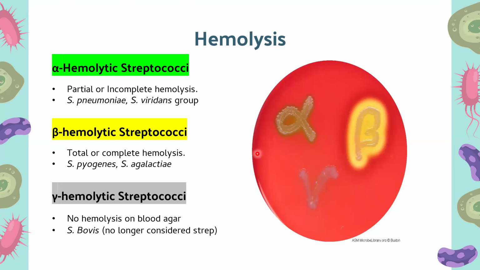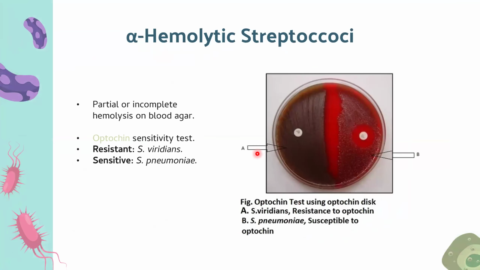The way I do that is through an optochin test, very similar to the novobiocin test, where I place this antibiotic disc, and if I see a zone of inhibition, the susceptibility to optochin, this is going to be my strep pneumoniae. If it is resistant to optochin, with no zone of inhibition, then this is going to be my strep viridans. Notice how they both have very partial hemolysis. That's because they're both alpha hemolytic.